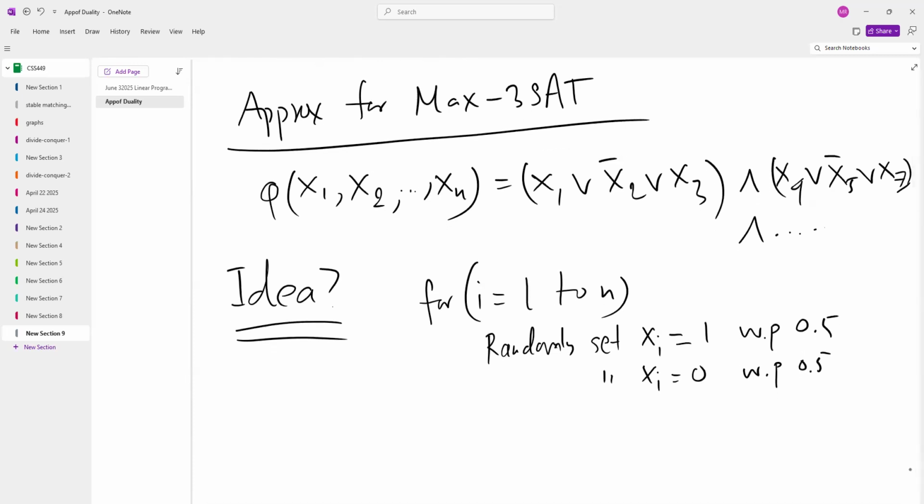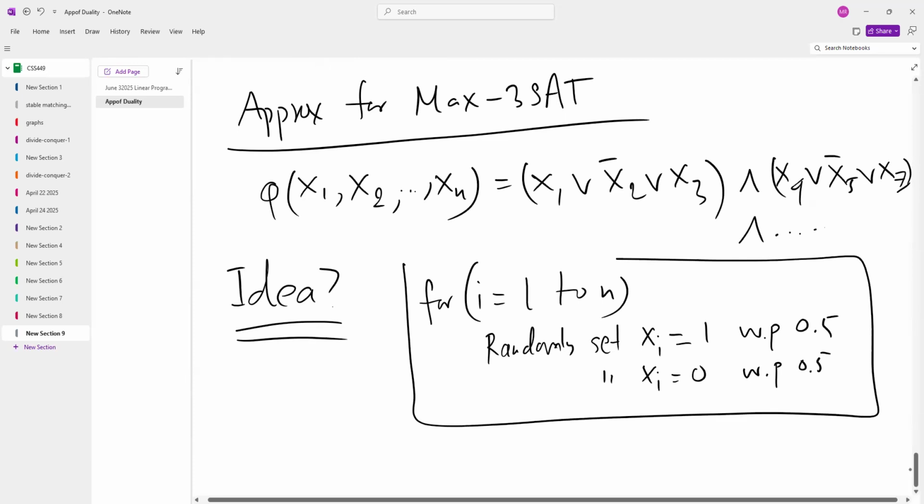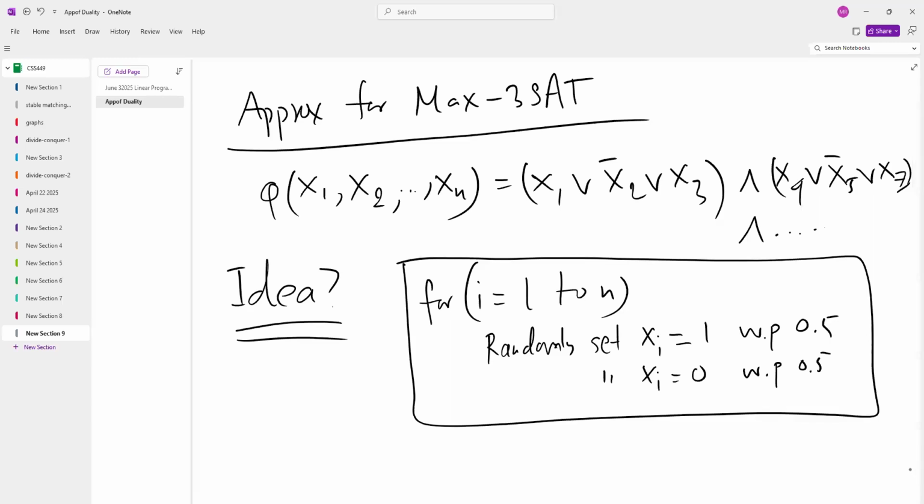And that's my algorithm. Now this is feasible, right? Because every variable is 0 or 1, so I'm finding an assignment. Then I can evaluate and see how many clauses are satisfied. My aim is that this gives us a good approximation.